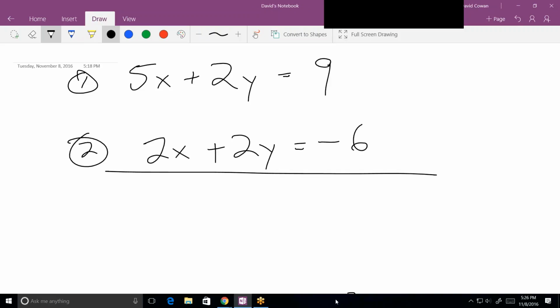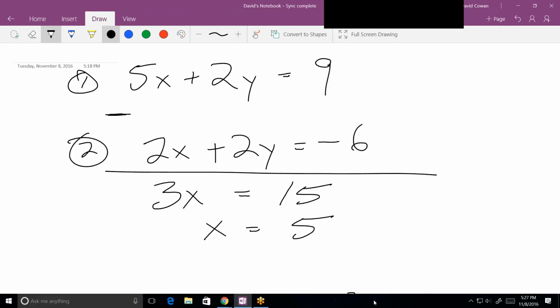The idea is you have to eliminate a variable. Well, I subtract these two. What do you get when you subtract? 3x equals 15. X equals 5.